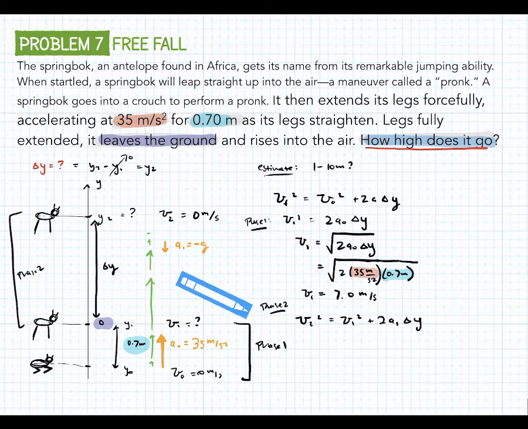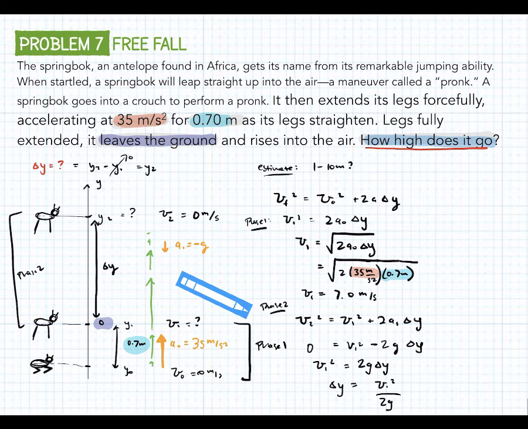So then we get 0 is equal to v1 squared, which we know, minus 2g delta y. Remember, we plugged in negative g for a1. In this case, we want to solve for delta y, so we're going to do some algebra before we plug in numbers. v1 squared is equal to 2g delta y. That means delta y is equal to v1 squared over 2g.